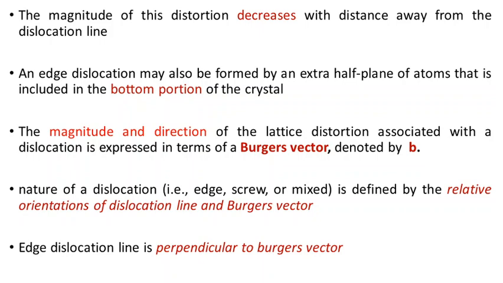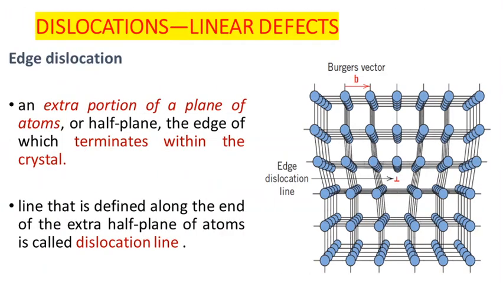We have already discussed the dislocation line. For the case of edge dislocation, the dislocation line is positioned at the bottom of the extra plane, which is moving inside. So it is situated along the bottom edge of the extra plane, which is the dislocation line.